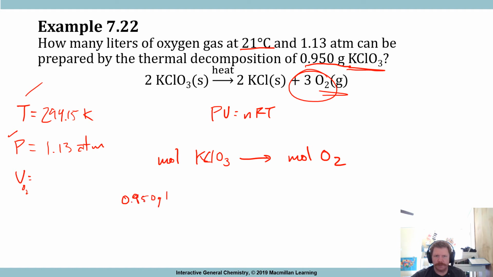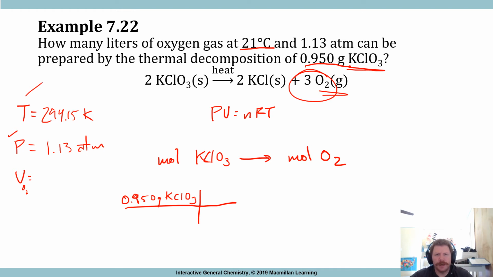Now, what I want to do is figure out 0.950 grams of KClO3. And what is my molar mass of KClO3? So looking at the periodic table, I can see that potassium has a mass of 39.1. Cl is 35.5. O3 is going to be 16 times 3, which is 48.